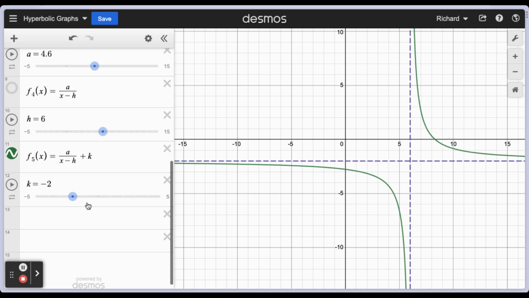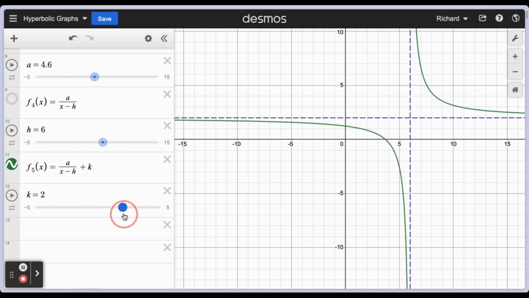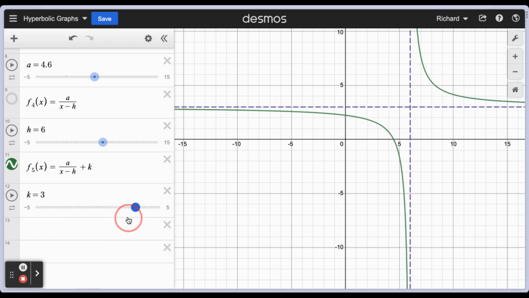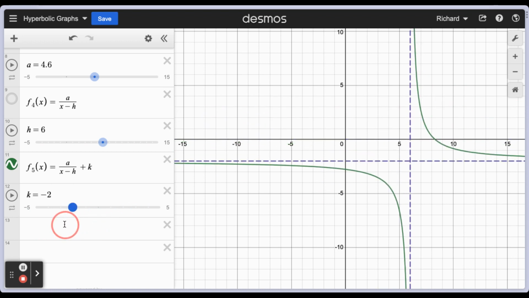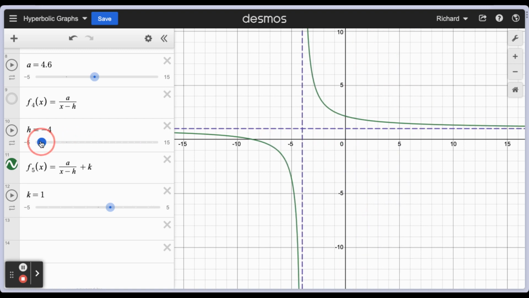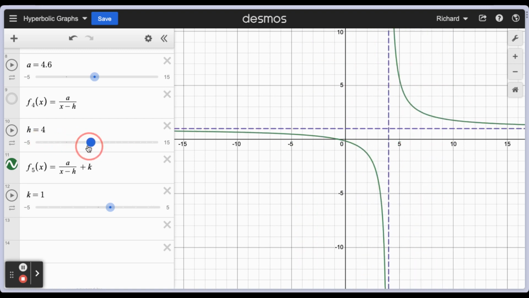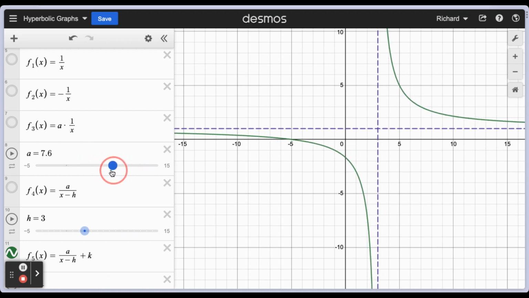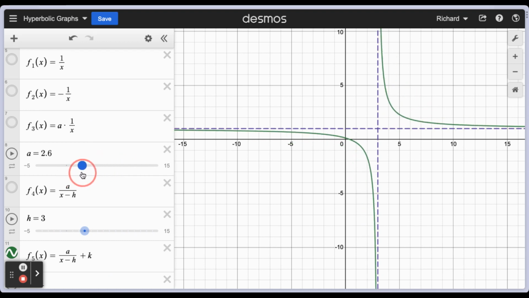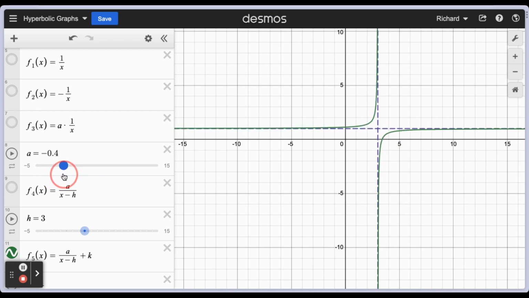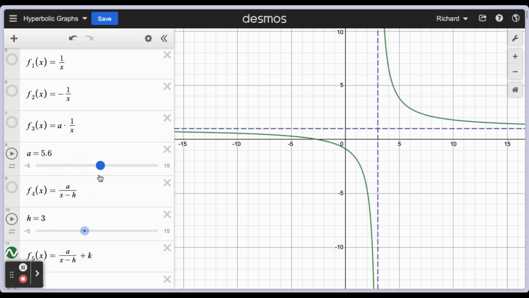As I change these things around, the value of K changes the position of the horizontal asymptote. The value of H affects the position of the vertical asymptote. The value of A does not change the asymptotes at all, and making it negative also does not change the asymptotes either. So they are the effects of the transformations.